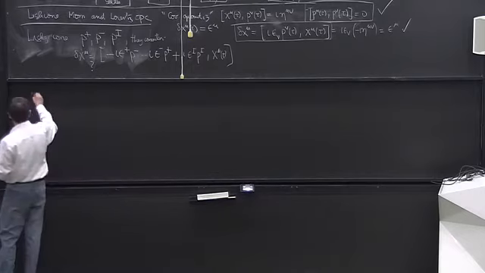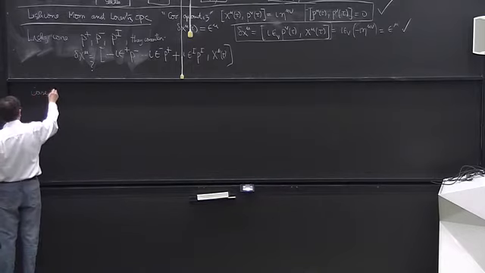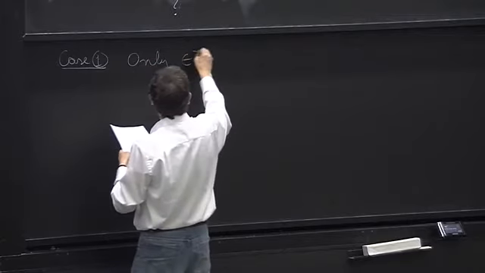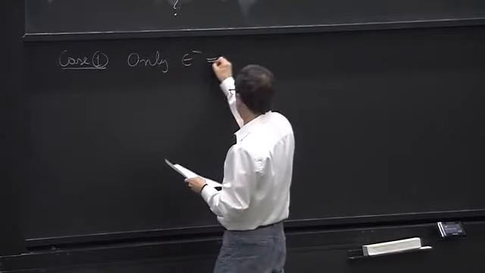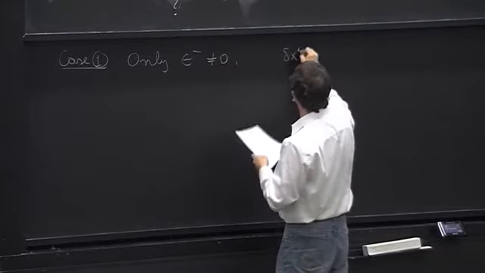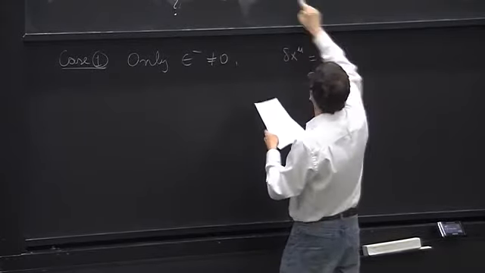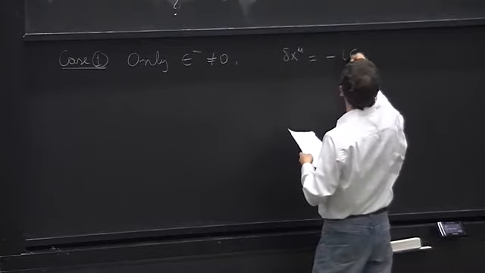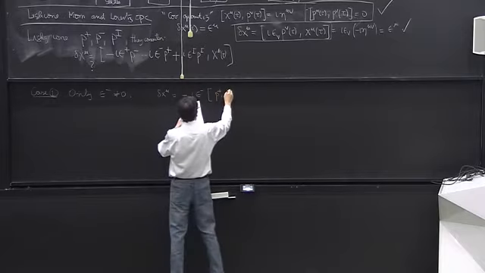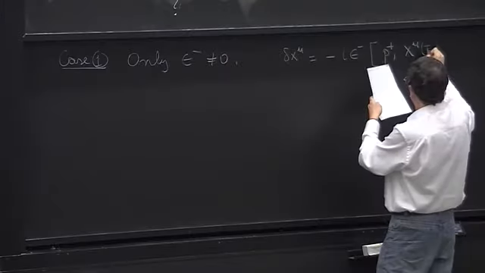Case one, there's only an epsilon minus that is different from 0. Then delta x mu should be given as minus i epsilon minus [p plus, x mu of tau].